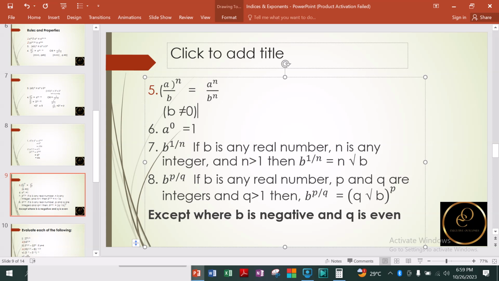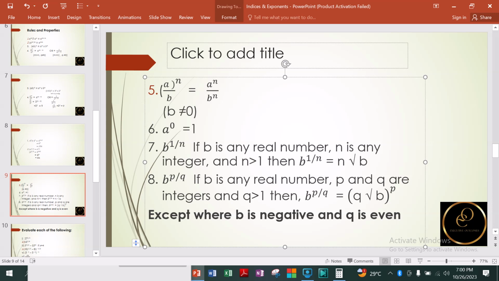Okay, so when you come to rule or property number 6, A raised to power 0, remember that any number, no matter how big the number is, provided the exponent is 0, that is always equal to 1.